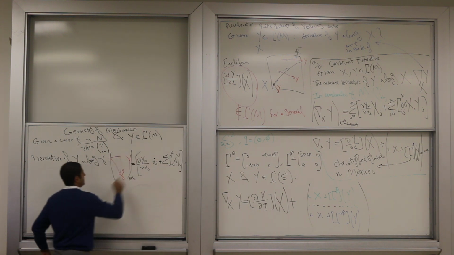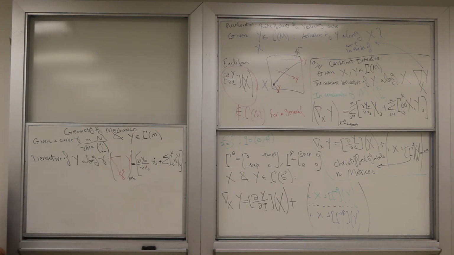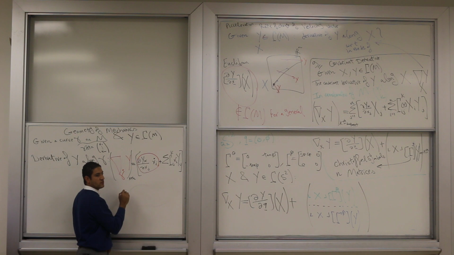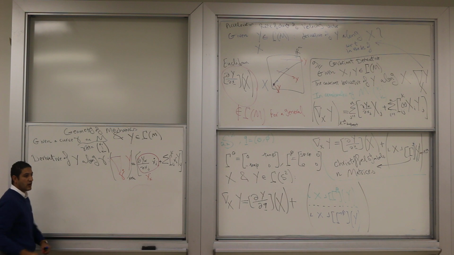Maybe a summation, that's fine. Look at this: partial y over partial x times x dot. What is this originally? It's the same x. This is y dot, right? It's d by dt of y k, and y k is a function of the x's, so we write it in this form.